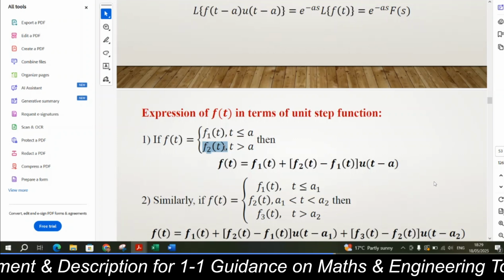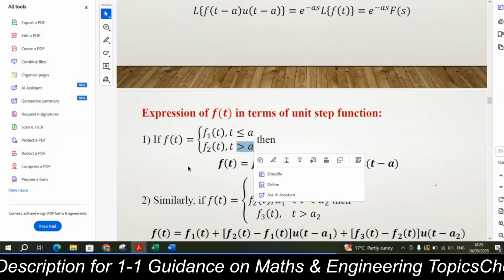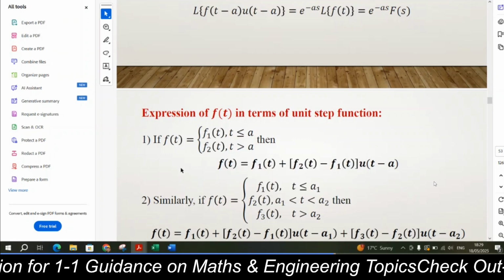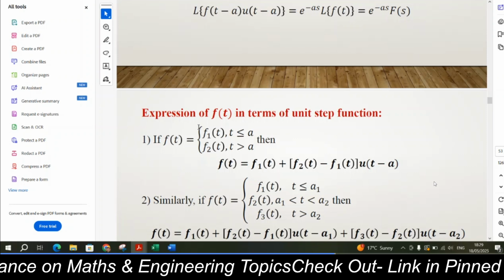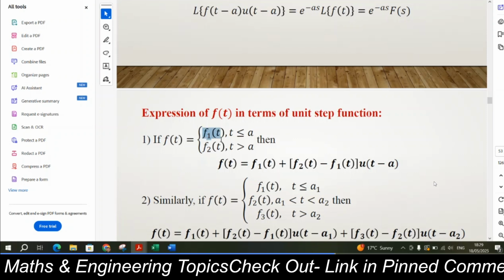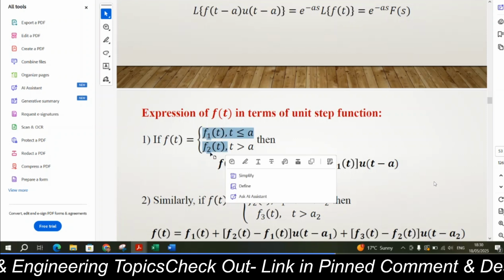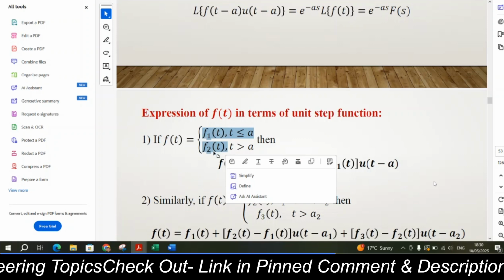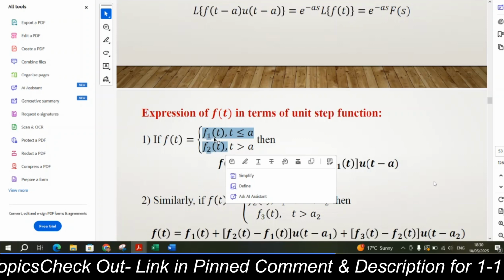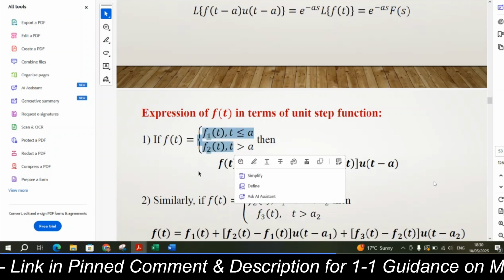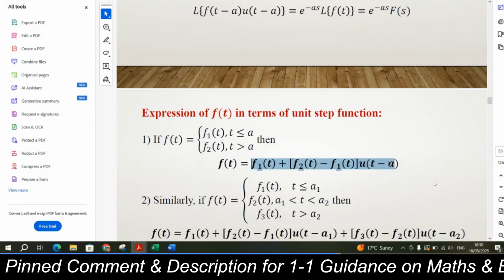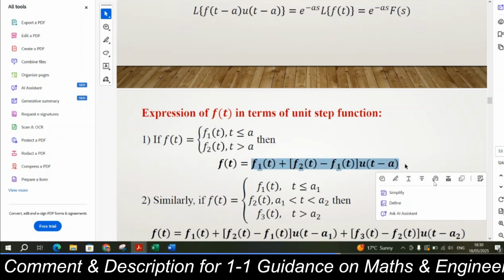Okay. Now let's look at how exactly we will be applying this particular property. So you have f of t, which is f1 some function when less than equal to a, and some other function when it is greater than a. So what's happening? You are writing this entire function as a split. There is some kind of a step happening over here.